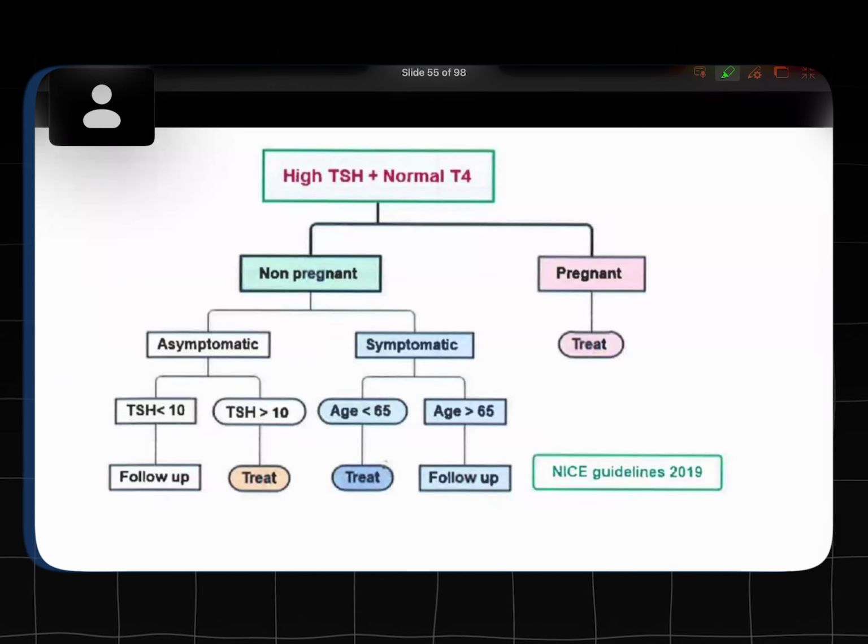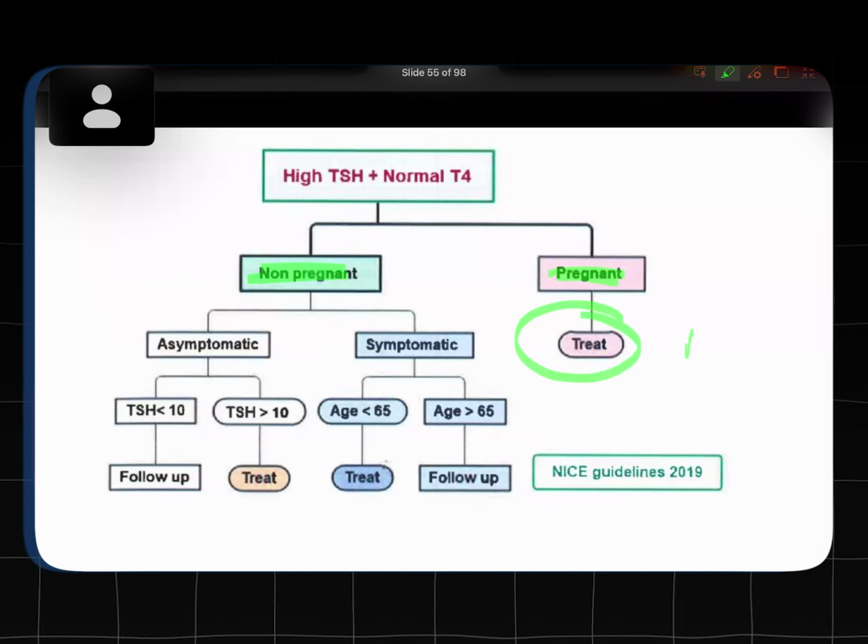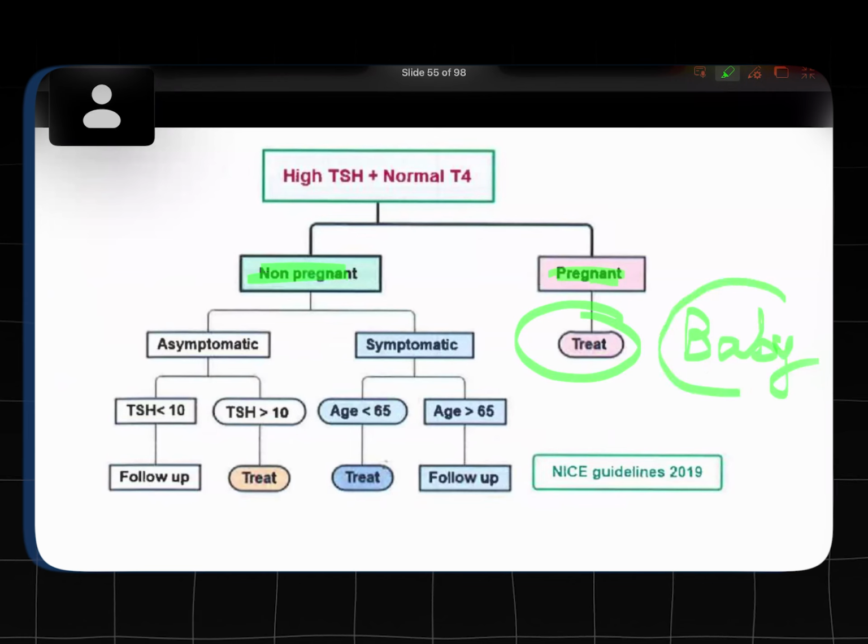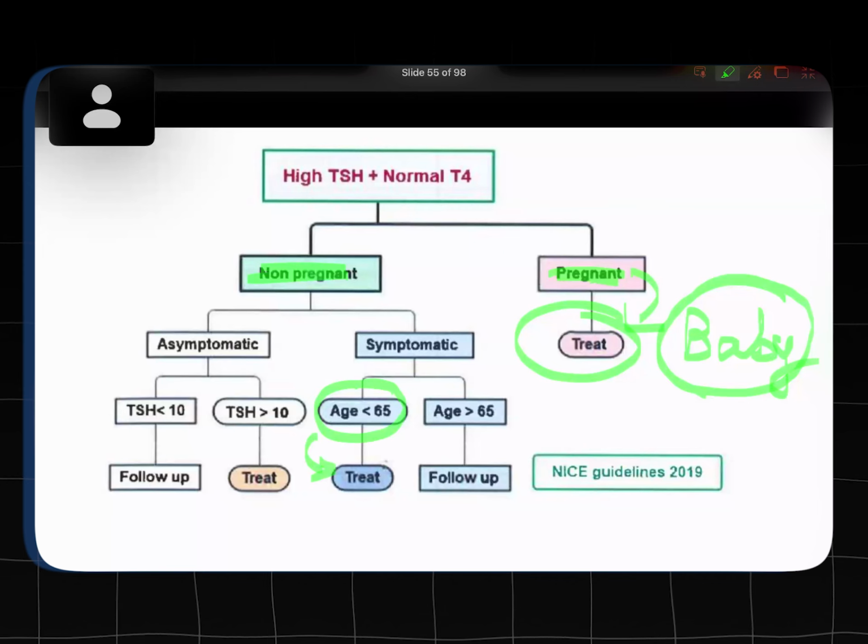You see, high TSH, if it is a pregnant patient or non-pregnant: in pregnant you have to treat because of the baby. Otherwise, the baby will develop hypothyroidism. So in pregnant, you have to treat, clear cut. In non-pregnant, if the age is less than 65, you have to treat if the TSH is more than 10. Otherwise, you can wait.